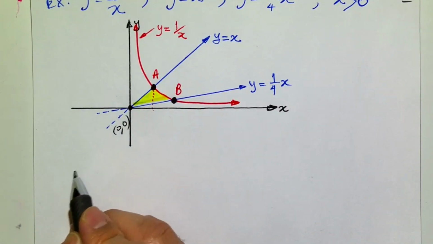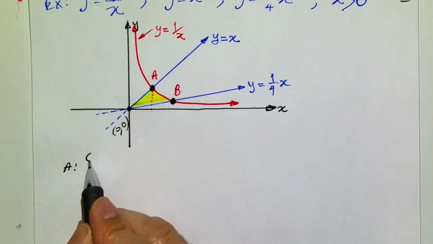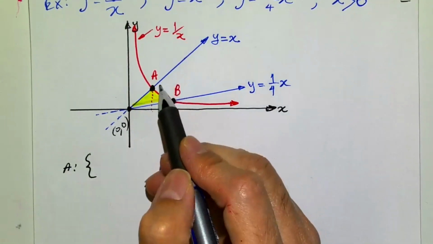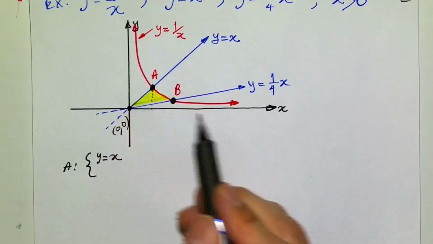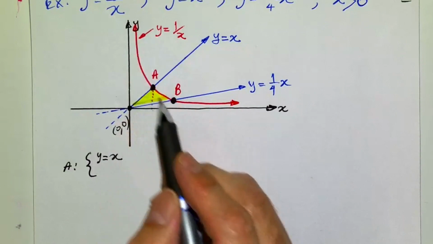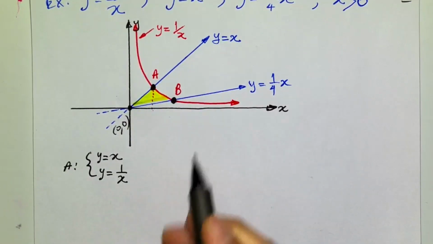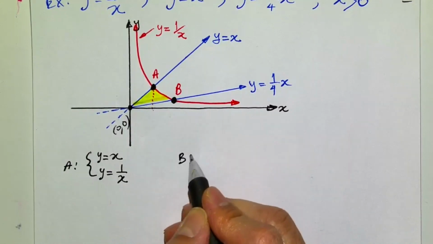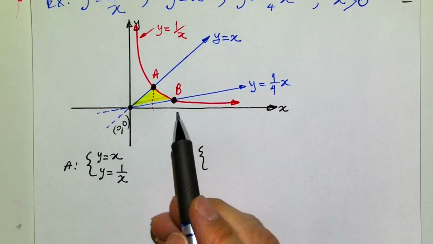So system A, as you can see on the screen, is going to entail this line, y equals x, and this curve, that's the intersection of this curve and that line. So y equals 1/x. Point B is the result of the intersection of these two curves.